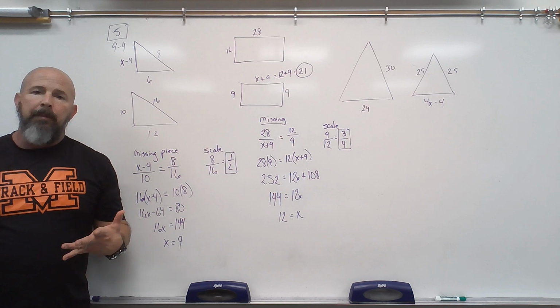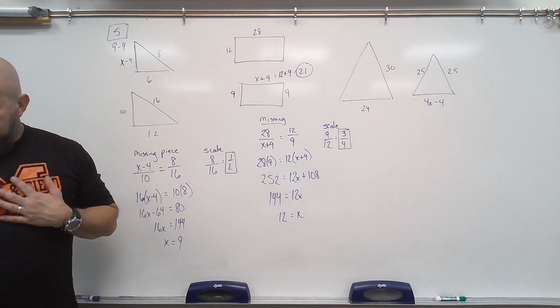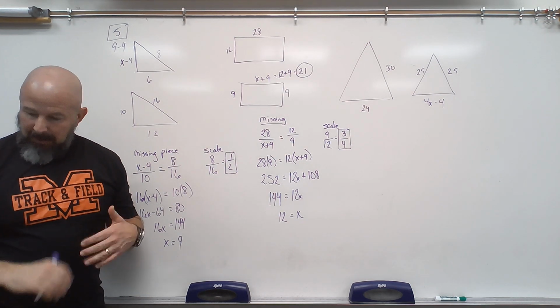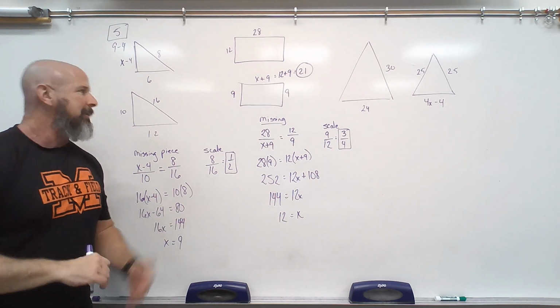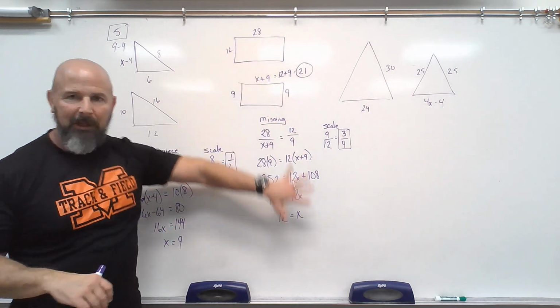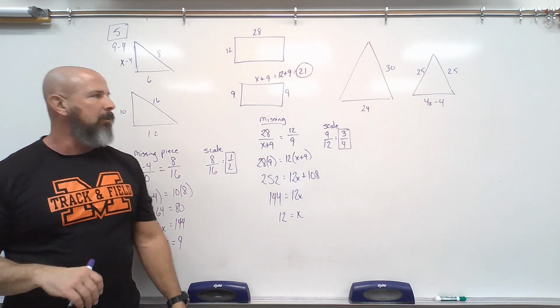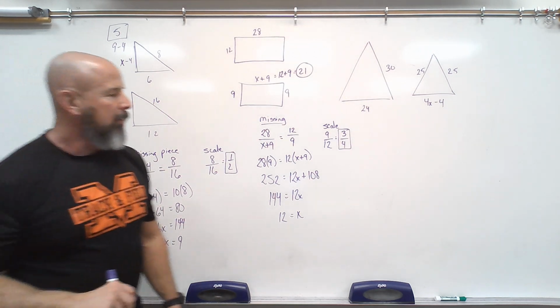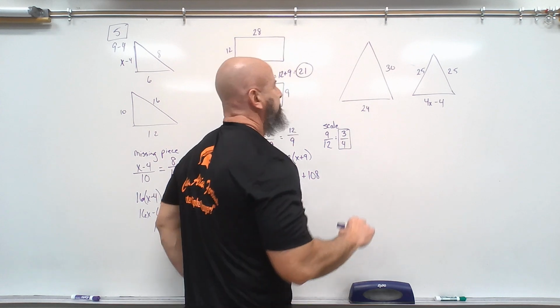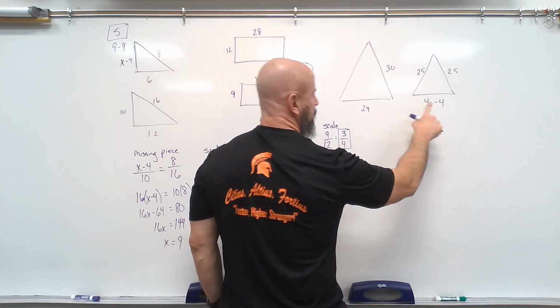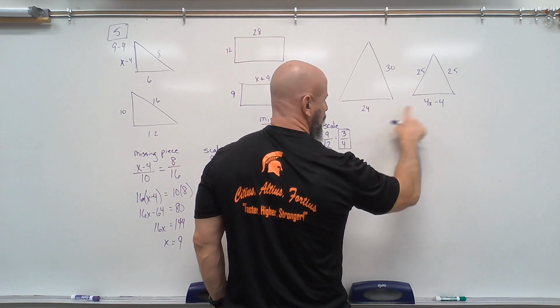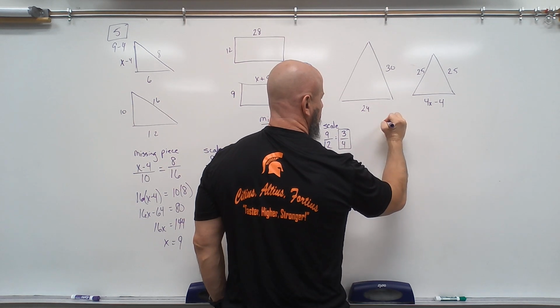Number 17 on your paper was actually my mistake. It's the same diagram as number 16, so it's the same one again. So we're going to skip on to number 18 there for your notes. Corresponding pieces. 24 goes with this one, so corresponds to 4x minus 4.